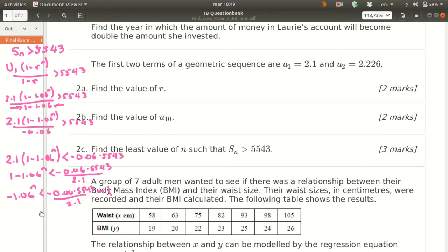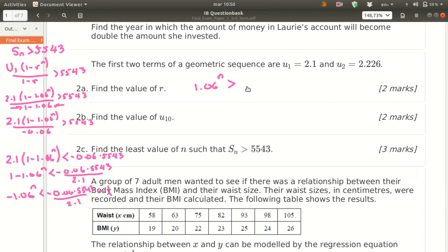And now, to solve for n, I need to take the natural logarithm. But I have a problem. This is a negative number. And when I take the natural logarithm, it's going to give me an error. It's not going to work. So I need to multiply everything by negative 1. So 1.06 to the power of n, I multiply by negative 1, is greater than, again, flip the inequality because I multiply by a negative.